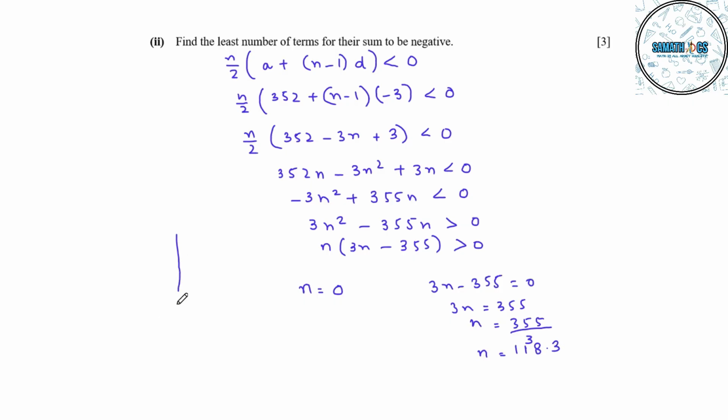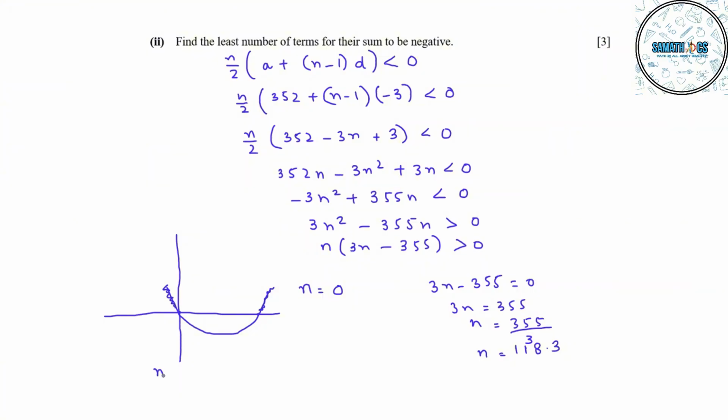Now, if we draw it here, we have n is equal to 0 and n is equal to 118.3. The curve would be like this. We have to consider the greater part, so it means that we have to consider this part of the curve and this part of the curve.